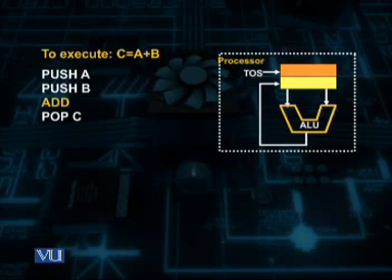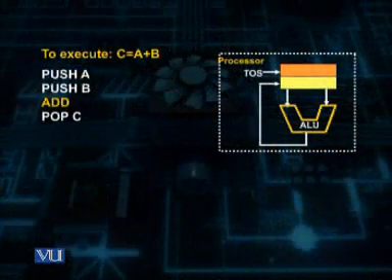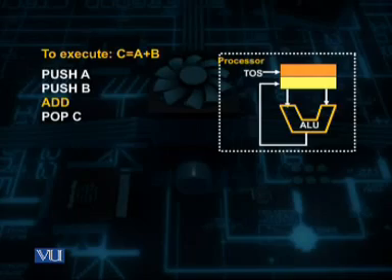The instructions push A and push B place the two operands onto the stack. The instruction add does not require any address for the operand to specify its location, because it is understood that it is a zero address instruction. Hence, both the operands will be obtained from the stack, and after the execution of the operation, the result will be placed onto the stack.